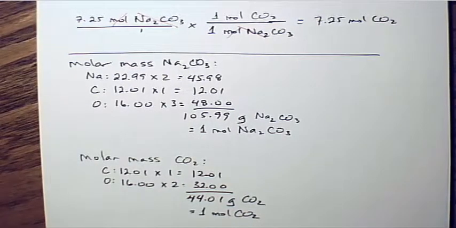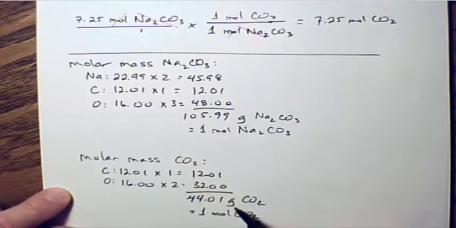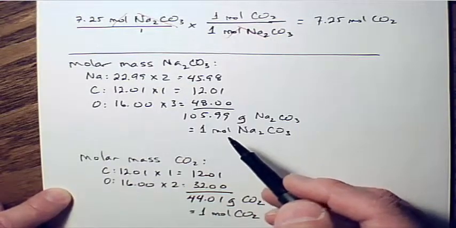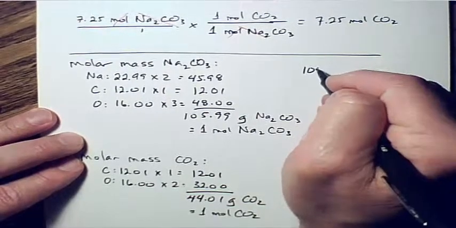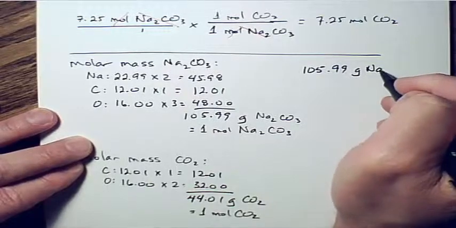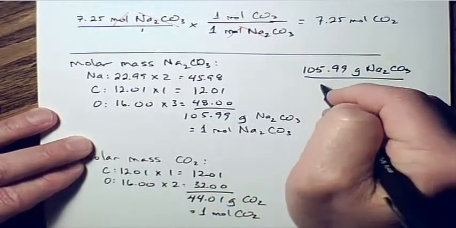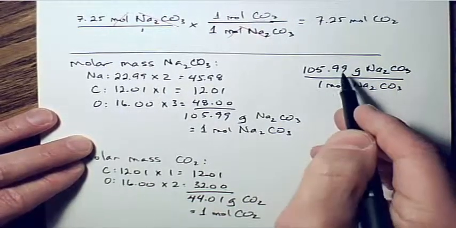Now, using what we talked about earlier in the class, we can write 2 different ratios from this, can't we? Actually, we talked about this in Unit 1 as well. If this equals this, I can put it in a fraction that equals 1 by putting this on top and this on the bottom. So 105.99 grams of Na2CO3 over 1 mole of Na2CO3.